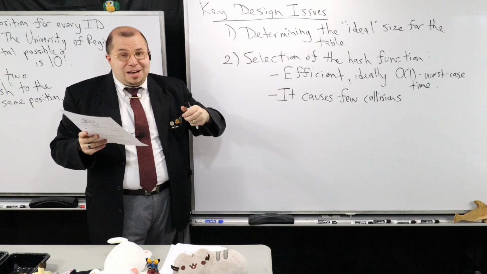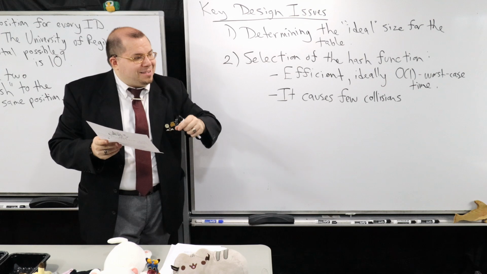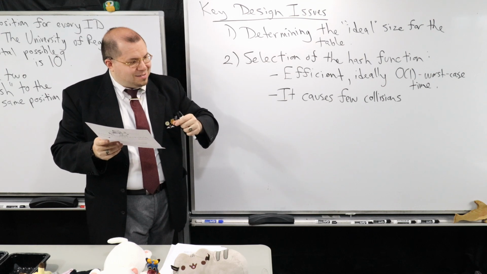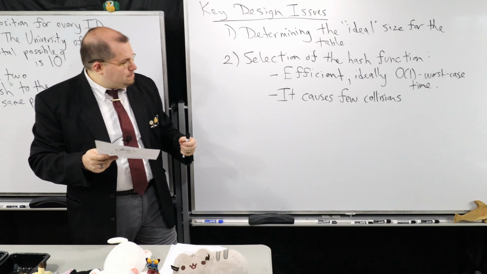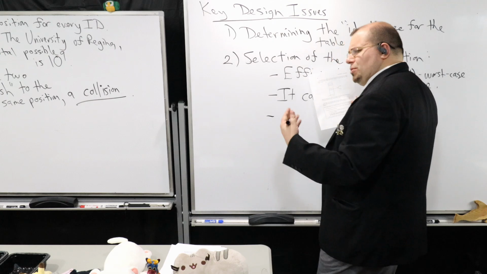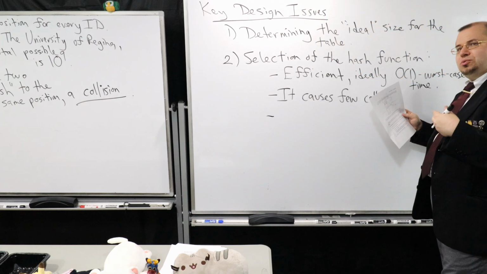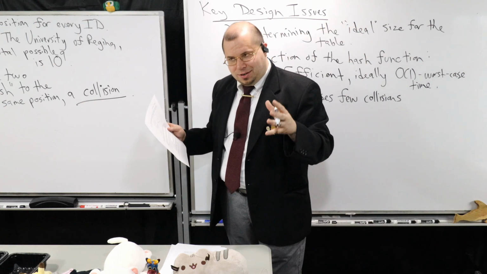So I would want to make sure that the hash function, if it cannot theoretically do it, does it quite close to this, depending on what we're dealing with for the keys. So you're going to find that the choices I'm going to give you here will do the latter, but there are ways to actually achieve this in the most purest sense.